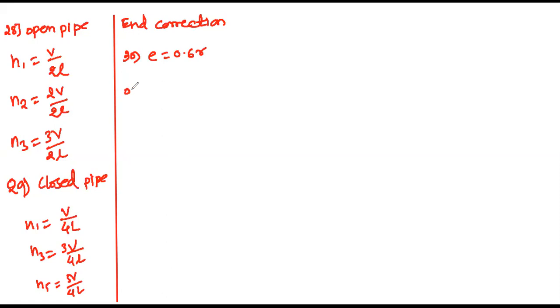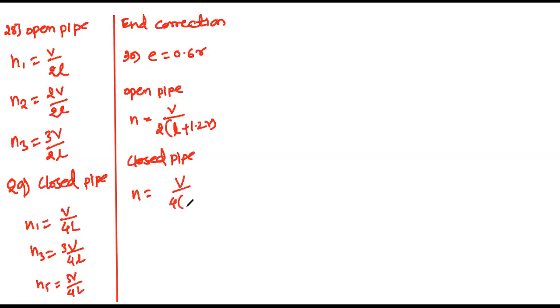For open pipe, the fundamental frequency N is equal to V by 2 into L plus 1.2 R. And for closed pipe, N is equal to V by 4 into L plus 0.6 R.